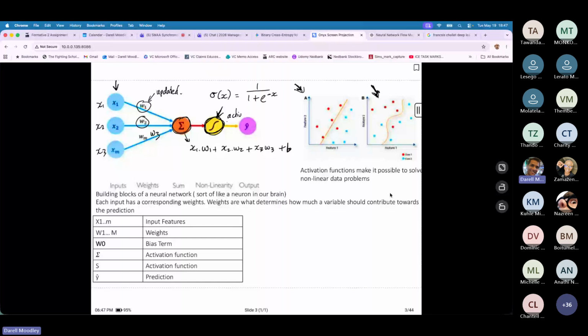So this sigmoid function is one example of an activation function. So what happens is you'll do this calculation here in this sigma step, the sum step, all right? And then this result, let's just call it Z. We can call it whatever we want, but we'll stick to the general notation. We'll call it Z. That result gets fed into your activation function. And then once it goes into the activation function, whatever comes out of that will follow through to your output finally. All right, that's the operation of a neural network.